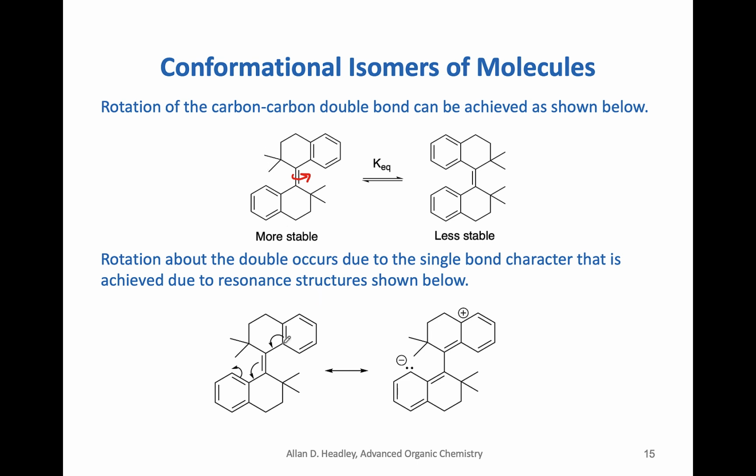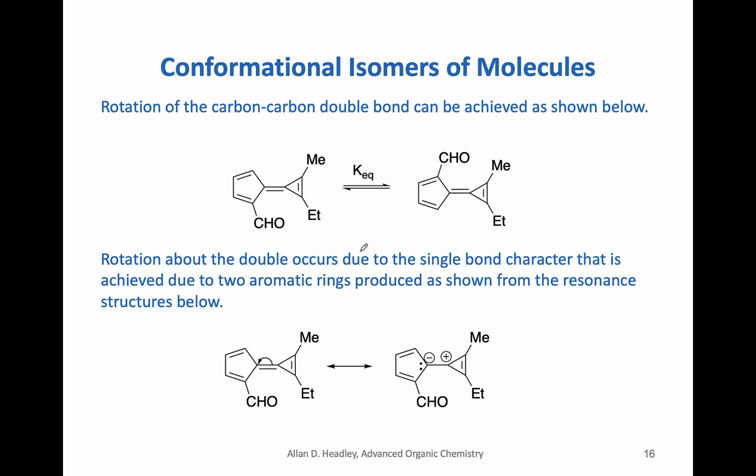So as you can see here, we can draw a resonance structure to give some single bond characteristic to that carbon double bond, making rotation easier than if we did not have that resonance structure. So again, look out for the possibility of bond rotation for a carbon double bond based on resonance or conjugation.